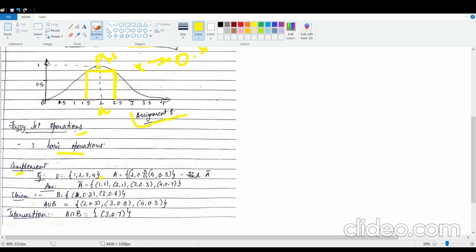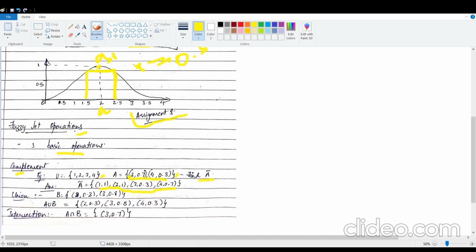So let us try understanding this. U is my universal set and A is a small fuzzy set that I have here. So what is my complement of this A? If I want to find out the complement, what does it actually say? It wants me to find out all the elements which are not present in A. So if I have a look at it, I have 3 and 4 here. So our general intuition is we need to introduce 1 and 2 as well. But since this is a fuzzy set, we also need to define the membership values.